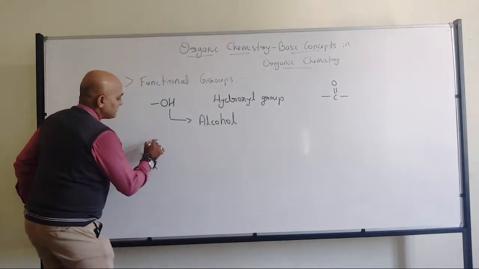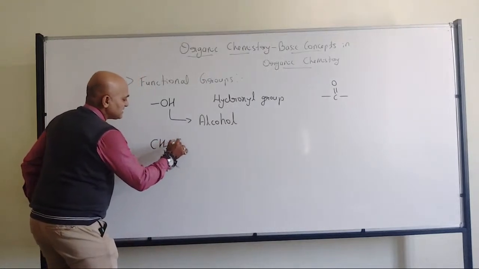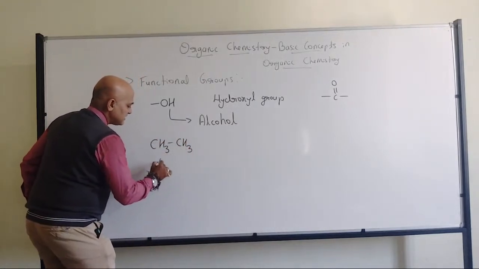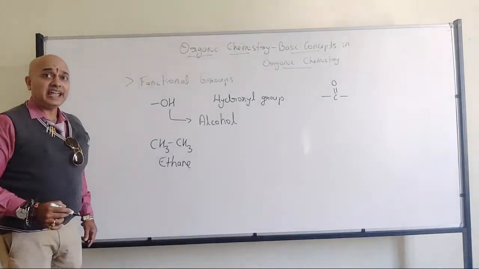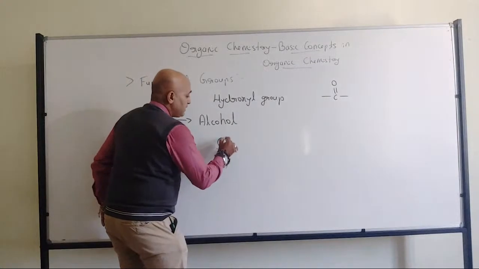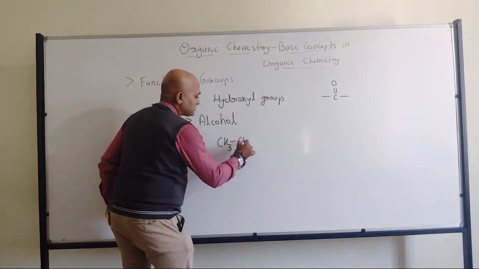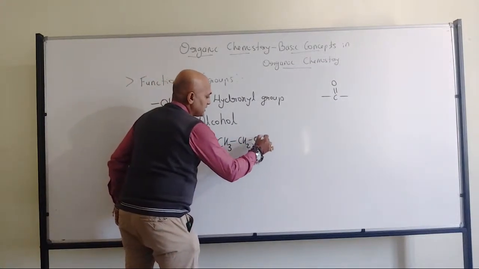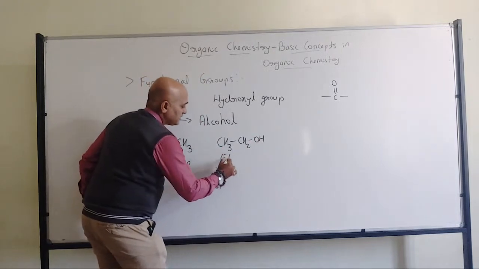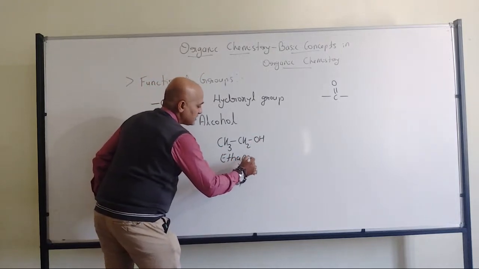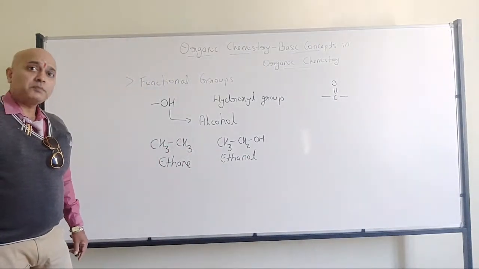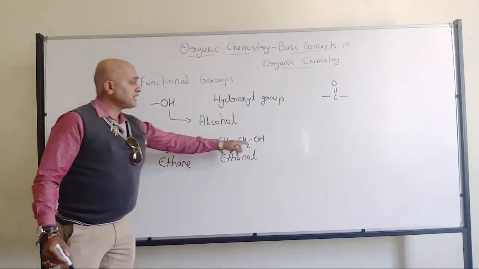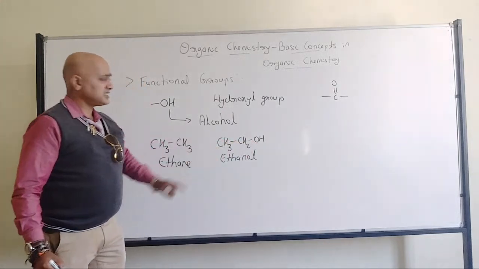So when I am talking about CH3, this is ethane. Now we have alcohol attached to it, that is OH. This will become ethanol. Got my point? So the OH group can be on either terminal.